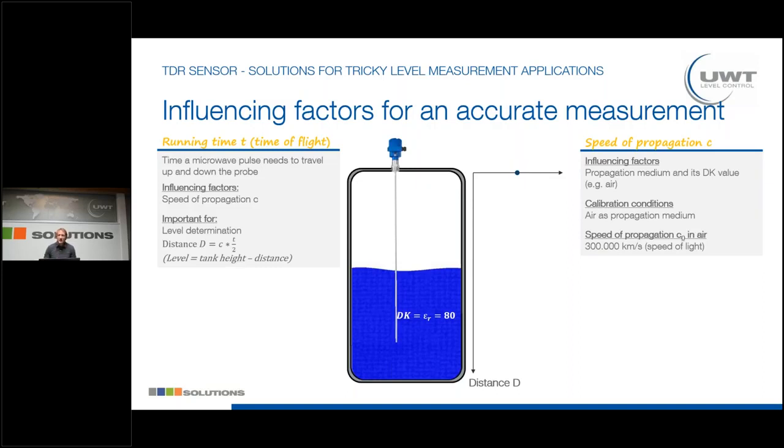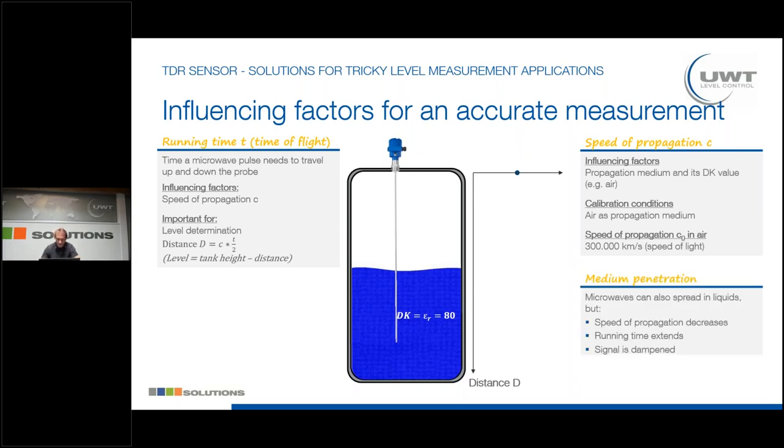This is important for interface measurements because there the speed of propagation decreases, but we'll come to this topic later on. So this is how it looks, and here you can also see that as soon as the microwave reaches the medium, it travels a little bit inside the medium, but the speed of propagation decreases.